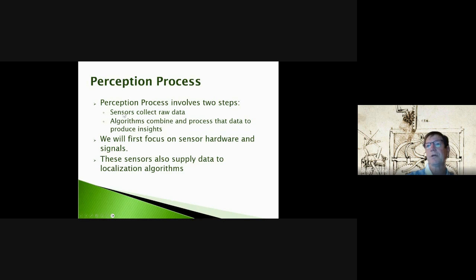The sensors are going to collect raw data, and then we'll use some algorithms. Might be machine learning type algorithms, they might be reinforcement learning algorithms. But they're going to combine and process that data to produce insights, and deliver those insights in a consumable form to some other part of the system that needs it.